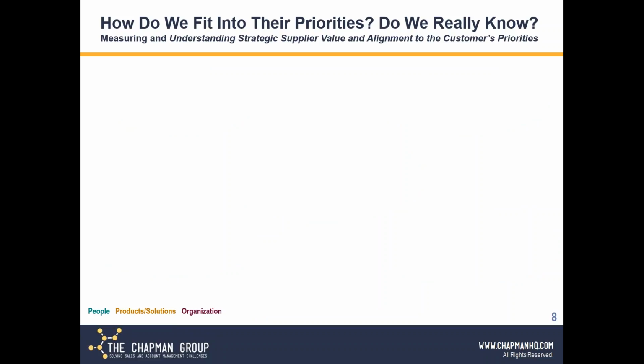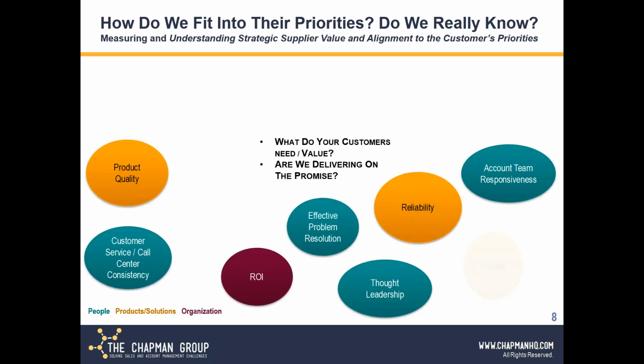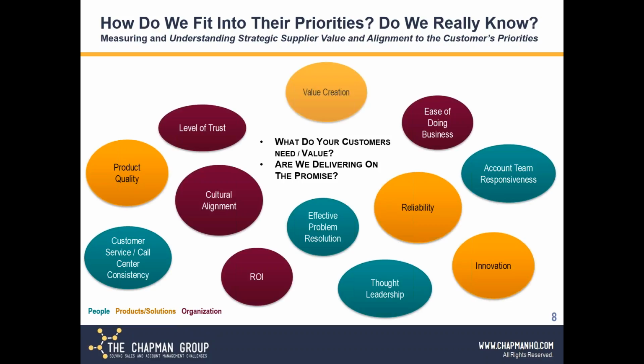Now, I need to do a little bit of learning here, and this is where maybe the champion of your customer organization comes into play. And that learning is, what do your customers really need and value, and are we delivering on the promises that we've made? And a whole lot of different factors just came up, some being, as you see on the bottom left, the legend for people, some related to product solutions, some for organization.